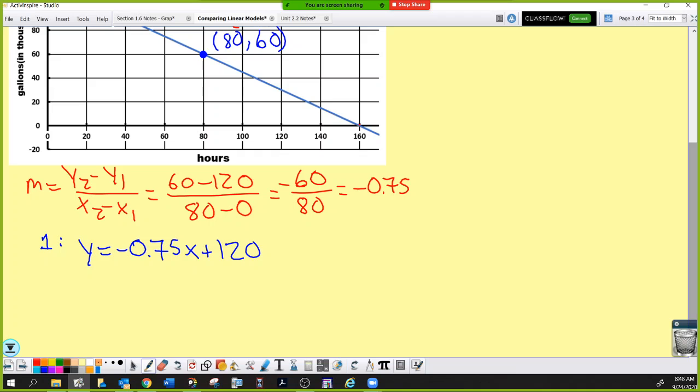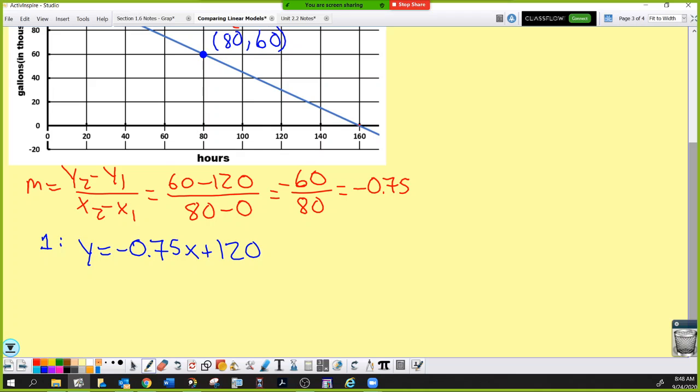Reservoir 2. Negative 1.2 means it is draining 1.2 thousand gallons per hour. That's 1,200 gallons per hour. Reservoir 1 is draining at 0.75 thousand gallons per hour, which is 750 gallons per hour. So yeah, reservoir 2 is draining faster.